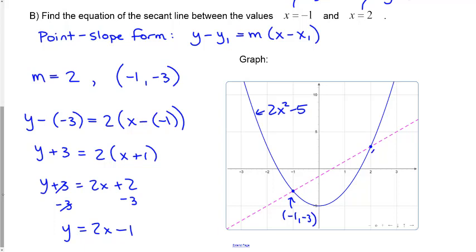This is the coordinate 2, 3. And I've got the line graphed between those 2 points. I used the equation y equals 2x minus 1. Everything fits exactly as we would expect it to. So we've calculated the slope of the secant line between those 2 points.